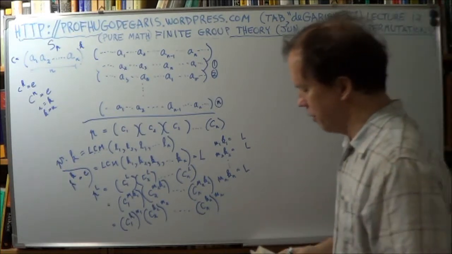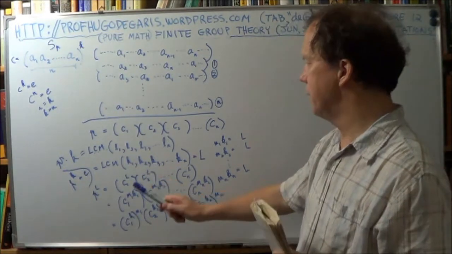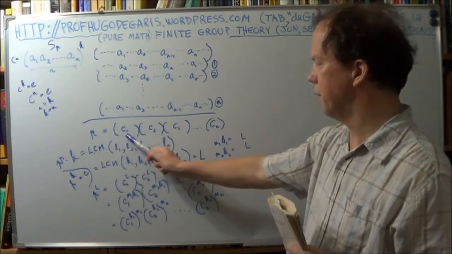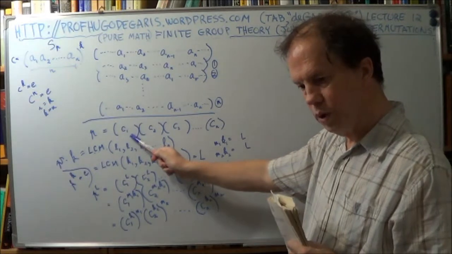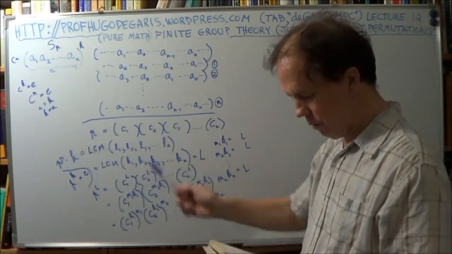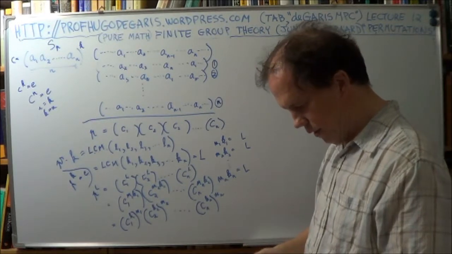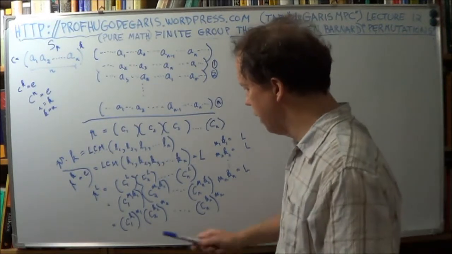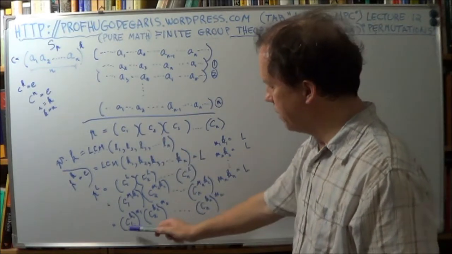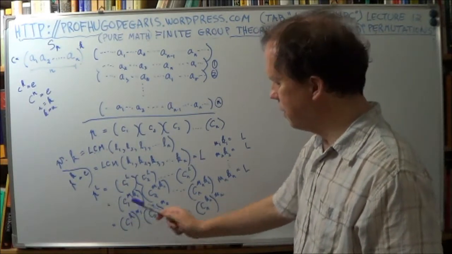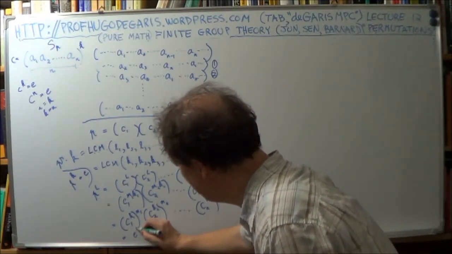Well, you can probably see where I'm going now. Now look, K1 by definition is the order of this cycle, so C1 to the K1 is just E, and you've just got E to the M1.